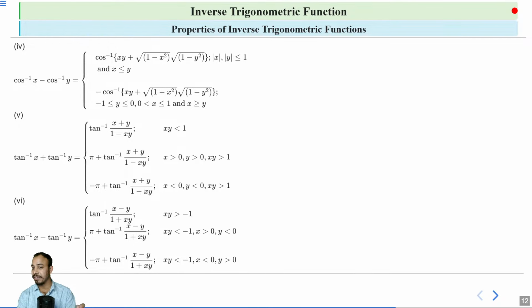and then for tan inverse x minus tan inverse y. So when the product of x and y is greater than minus 1, then tan inverse x minus tan inverse y is equal to tan inverse of (x minus y divided by 1 plus x times y). When x times y is less than minus 1 and x is greater than 0 and y is less than 0, then tan inverse x minus tan inverse y is equal to pi plus tan inverse of (x minus y divided by 1 plus x times y).